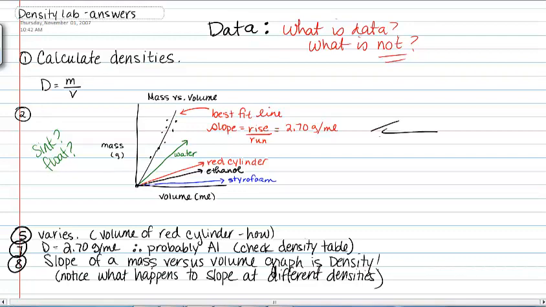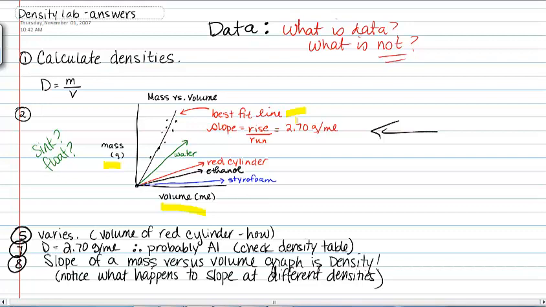All right, so taking a look now at this graph, it should have been a mass versus volume graph. You had your best fit line that you should have drawn for the metal cylinder.